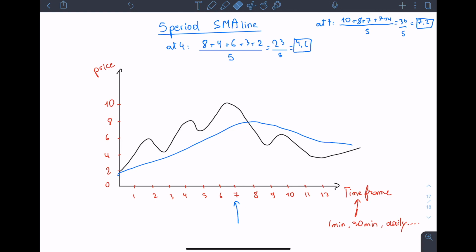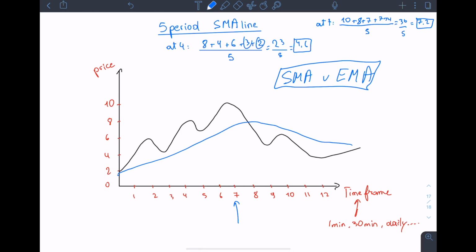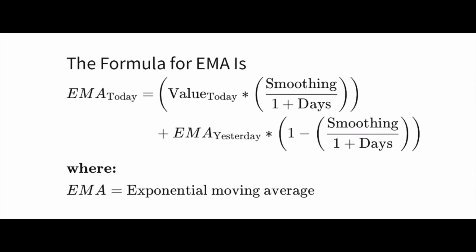Now, you know that we have simple moving average and exponential moving average. In simple moving average, we give exactly the same weight, as you can see here at 2, 3, 6, 4, and 8. We are giving exactly the same weight for each price at a specific time. But for an exponential moving average, we give more weight to the current price of the stock. This is the formula if you're interested.